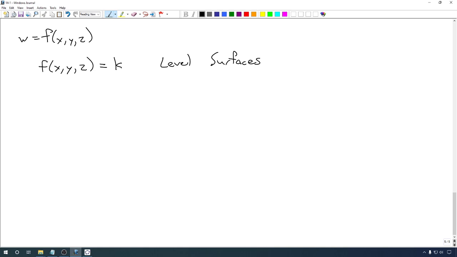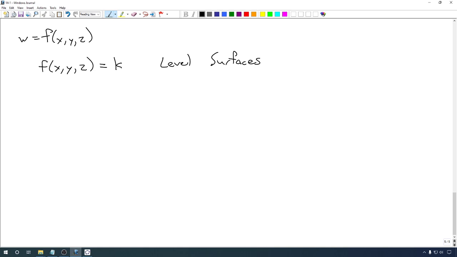Now, this time I'm going to go ahead and plot something, but I'm not going to show all the level surfaces at once. Not only are you already seeing that GeoGebra can be kind of laggy when trying to do a list of a bunch of curves, it gets even worse when it's trying to do a bunch of surfaces.